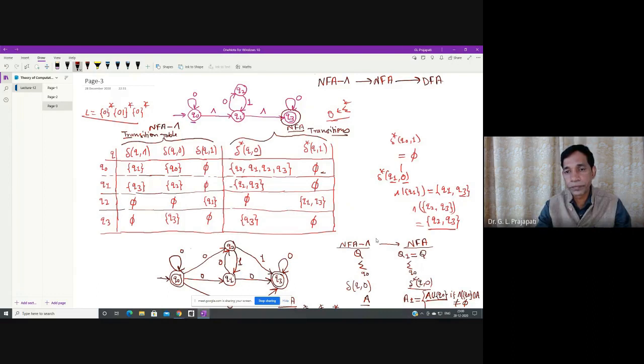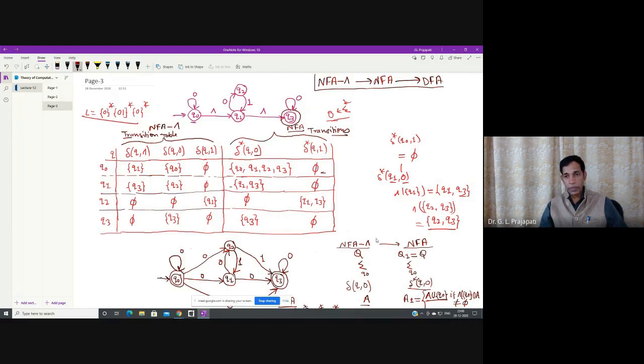This is the way you can convert. For every NFA, we have seen that it can be converted to the DFA, and every NFA null we can convert to the NFA.